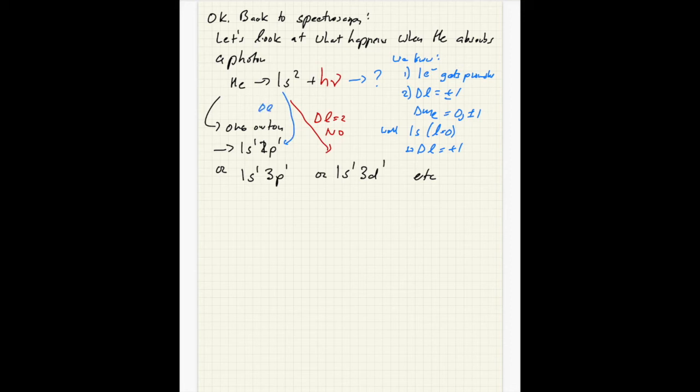We don't expect that to happen. We haven't said anything about whether there are selection rules for the principal quantum number. Turns out there are not. It's the angular momentum quantum number that really matters due to spin conservation, because remember the photon is a spin one particle. So we would expect that both the transition from 1s to 2p and 1s to 3p would be allowed. So let's take a look at the transition from 1s to 2p, and let's see what happens to the electron spin.